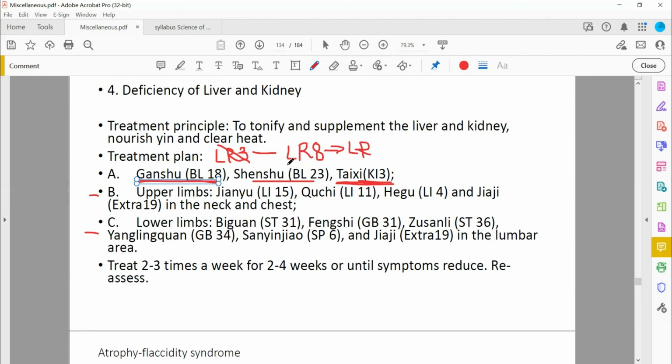So we use Liver 8 instead of Liver 3 to tonify the liver. But can Liver 3 tonify and nourish the liver? Yes, it can, because it's the Yuan source point. But generally we use Liver 8 instead of Liver 3 to tonify the liver.